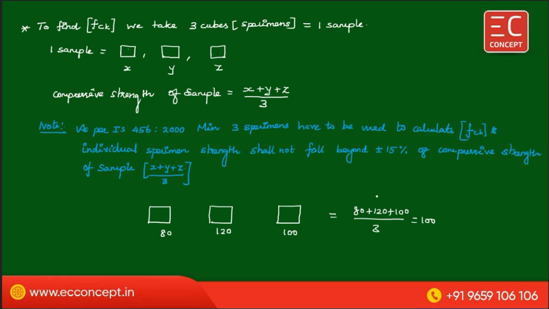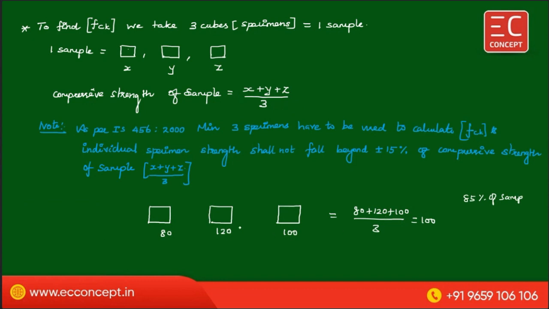And the code says the individual strength should not fall beyond plus or minus 15% of the compressive strength of the sample. So the individual strength should be around 85% of sample strength.